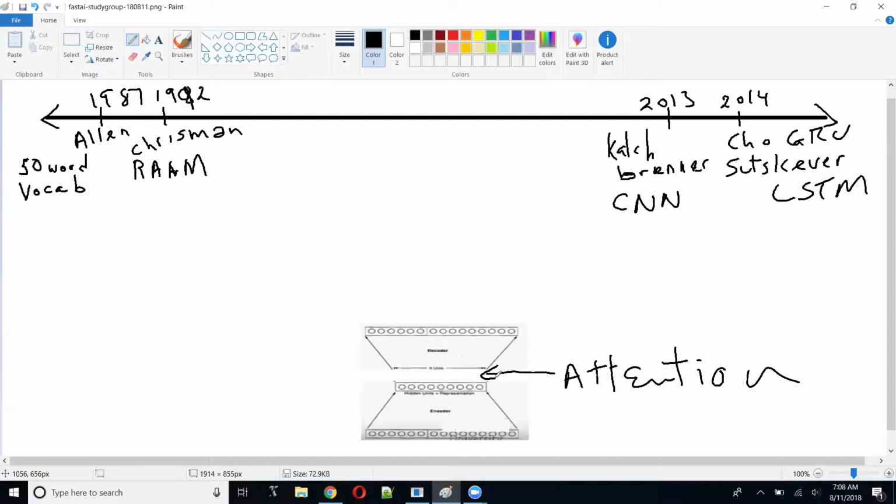And let me go into this decoder encoder thing a little bit. These can be LSTM, or they can be CNN, or they can be GRU, and likewise with the decoder.